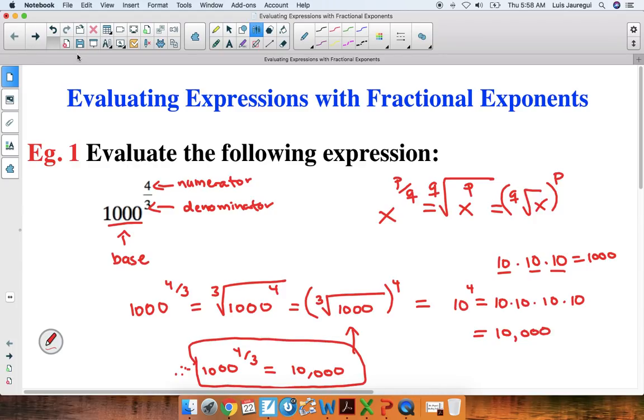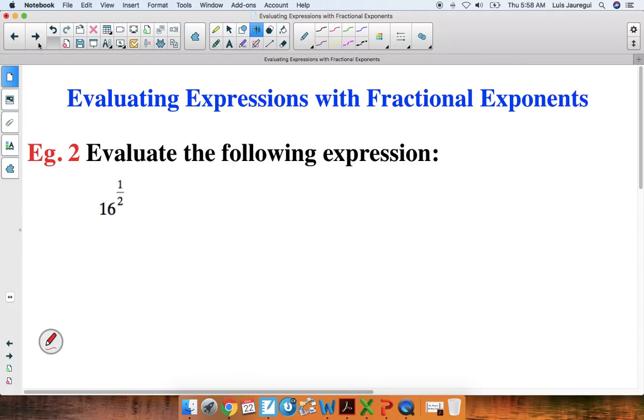Let's see a few more examples. Example 2. Evaluate the following expression, 16 to the 1/2.